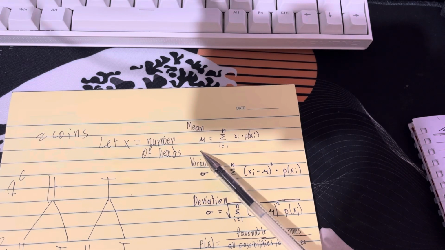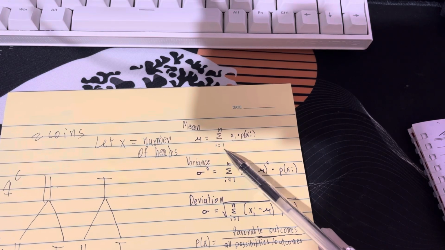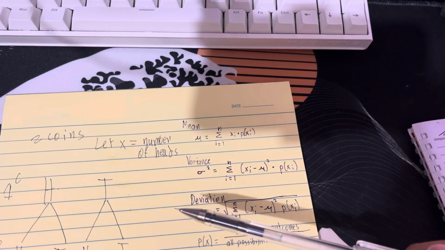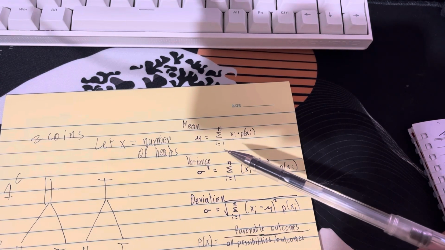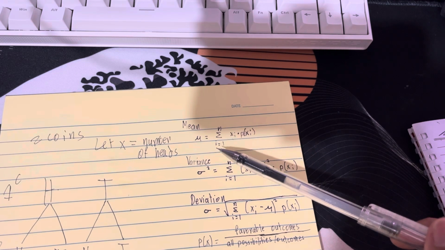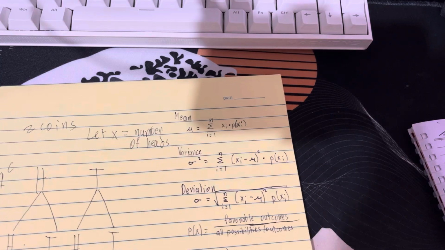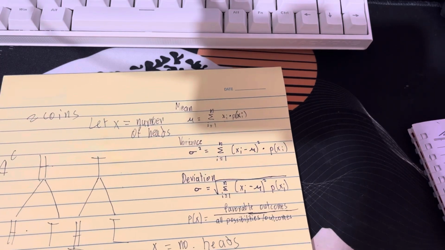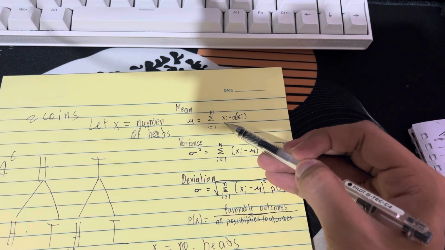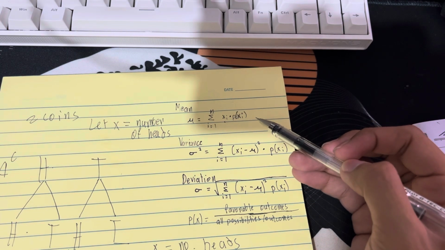Correct me if I'm wrong. And then this is what we learned in grade 10, the sigma, the summation, which is basically adding everything up, from i equals 1 to n. This is just their formula. Make sure to remember the formulas, okay? And then it's x multiplied by P of x.